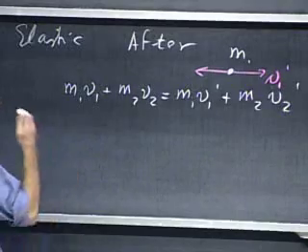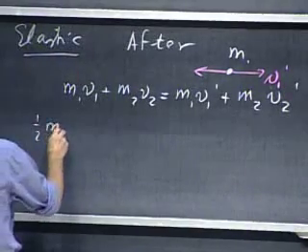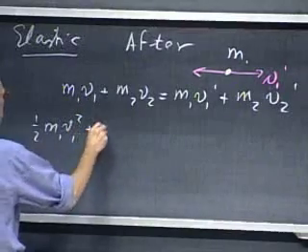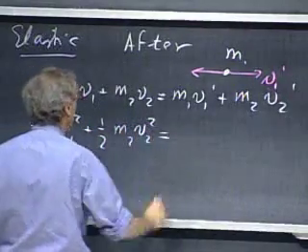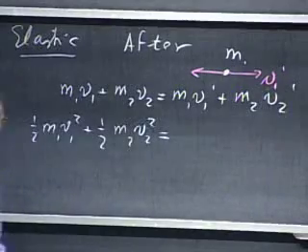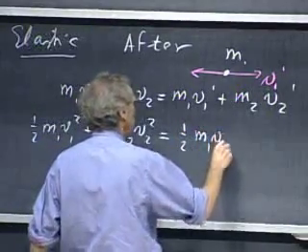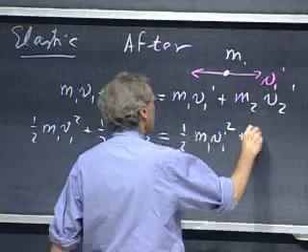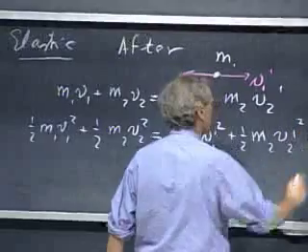Now we get the conservation of kinetic energy, because we know it's an elastic collision. 1/2 m1 v1 squared, 1/2 m2 v2 squared. That's before the collision. After the collision, 1/2 m1 v1 prime squared plus 1/2 m2 v2 prime squared.